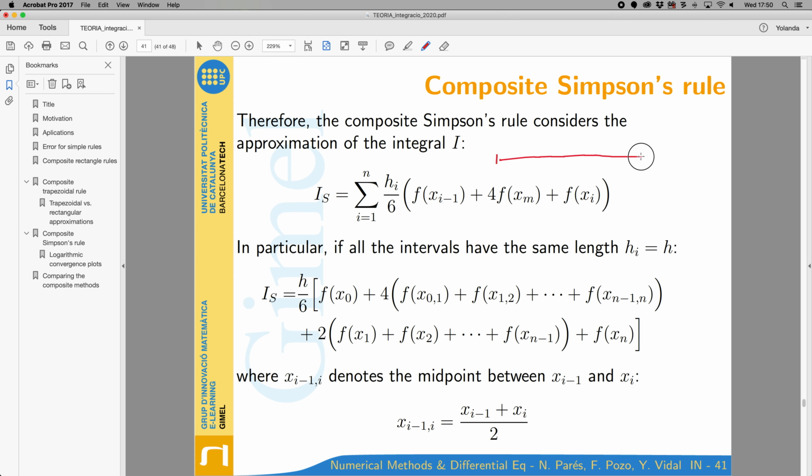When you use the composite Simpson rule, it's very important to bear in mind that the midpoints are somehow different to the others. When I plot it, normally I even plot them differently.